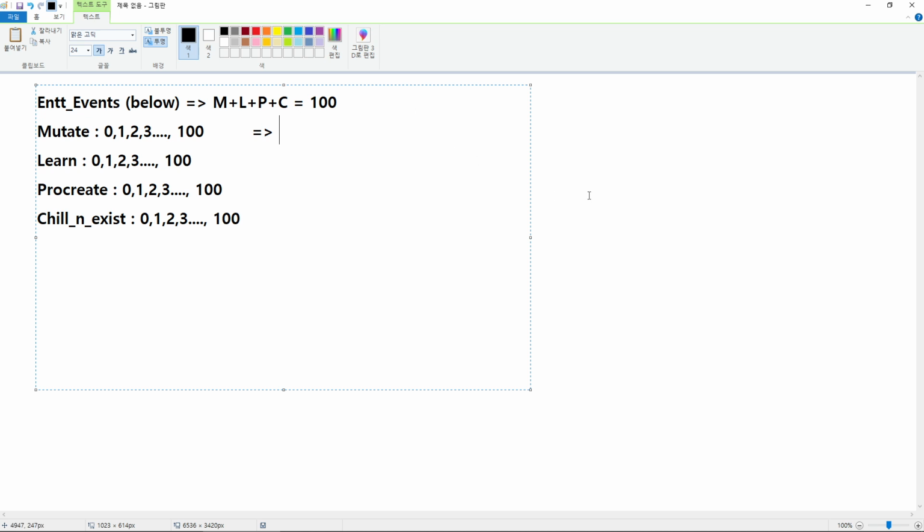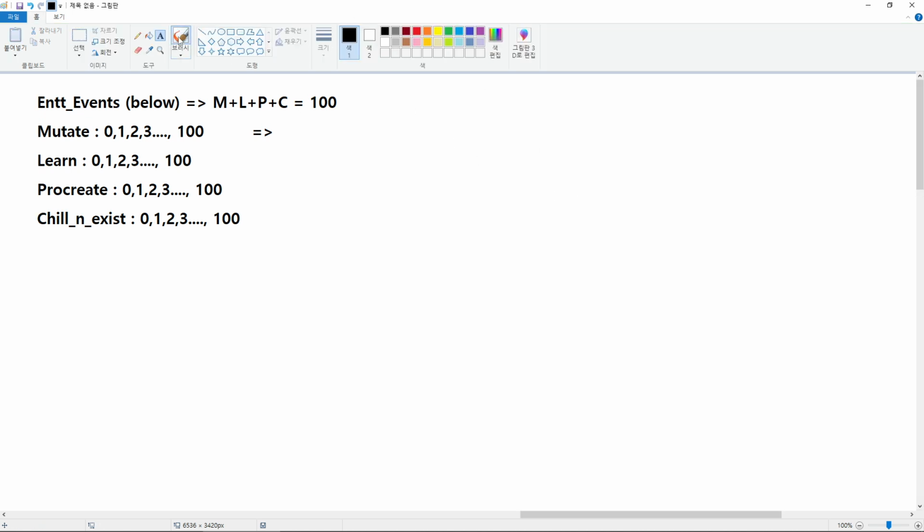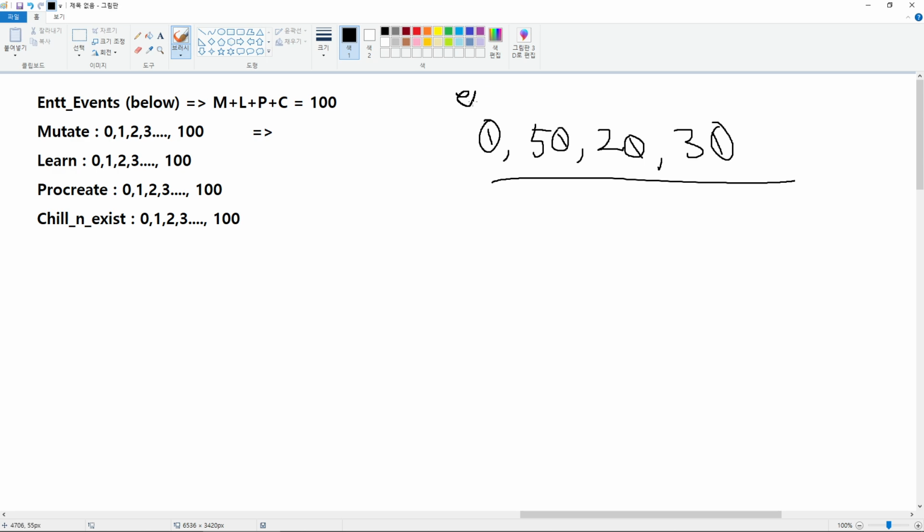Because, for example, if it's 0, and then learn is 50, and then procreate is, for example, 20, and then chill is 30 for every entity.